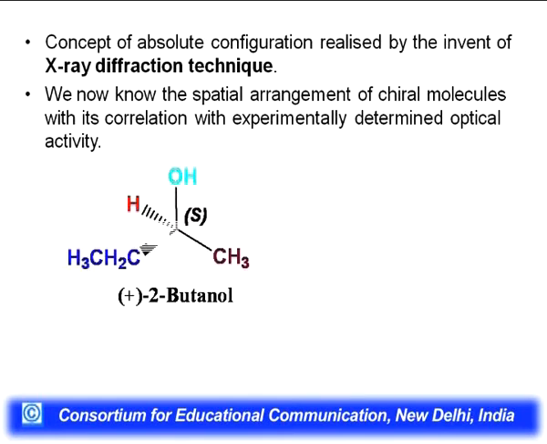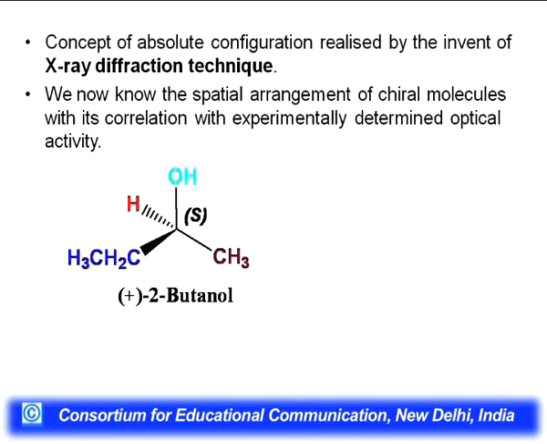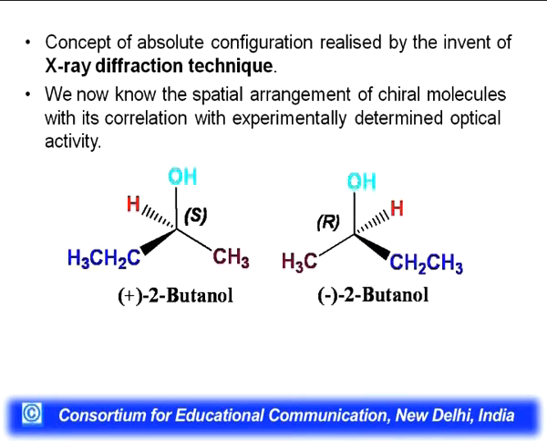So, then we could identify that, out of the 2 previously defined isomers, the first one is dextro and the second one is levo. Dextro means plus sign, levo means minus sign. So, the one on the left hand side is dextro and on the right hand side is levo.